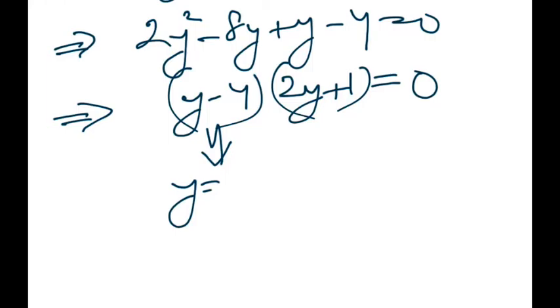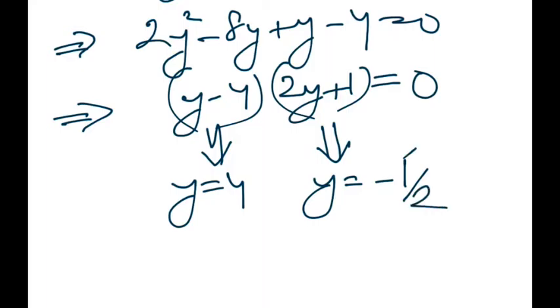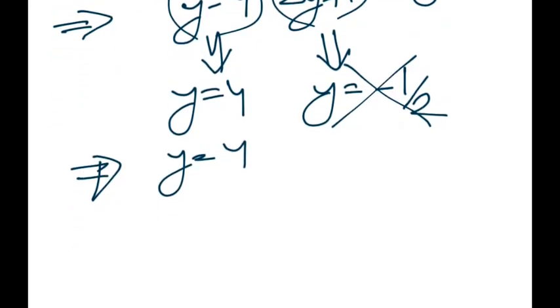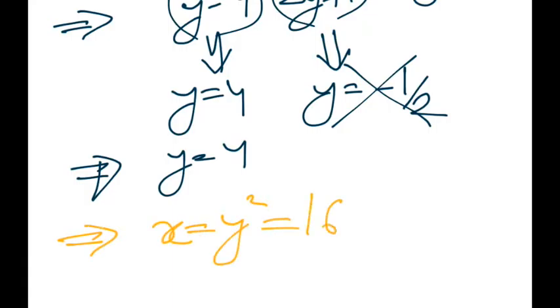This gives y equals 4. This gives y equals minus 1 by 2. This is not possible. Therefore, y equals 4, which means x equals y square. Right? So the total number of students is 16.